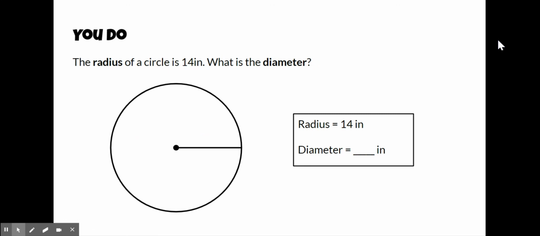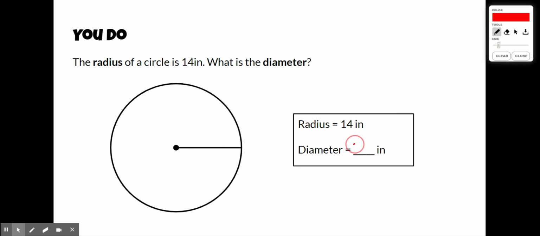All right. So here's one I want you to try on your own. The radius of a circle is 14 inches. What is the diameter? Your answer should have been double 14.